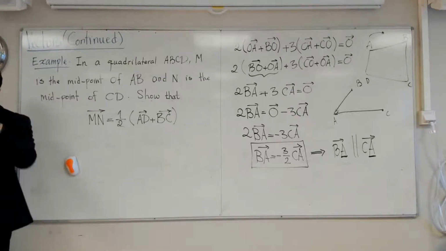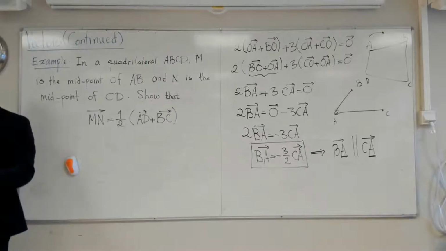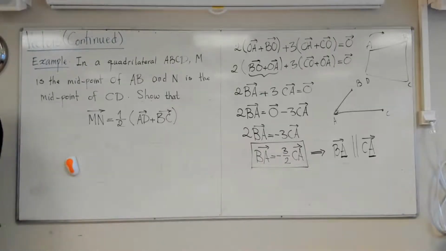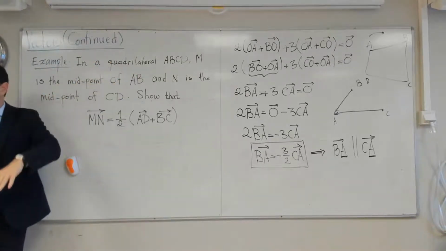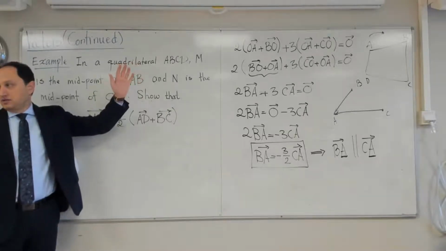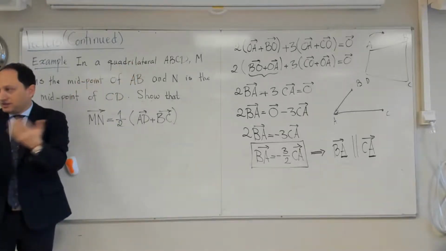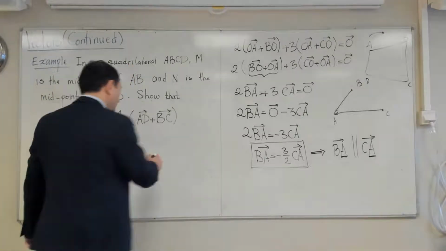If they mention that this is a square, you have to draw it a square. But if they say quadrilateral, it means that there is no particular demand for that quadrilateral. So you need to draw a generic one.